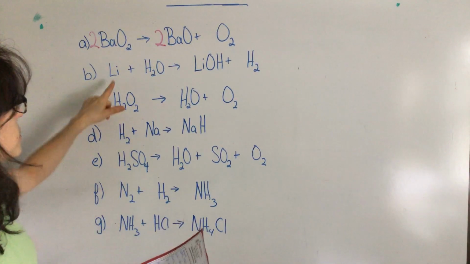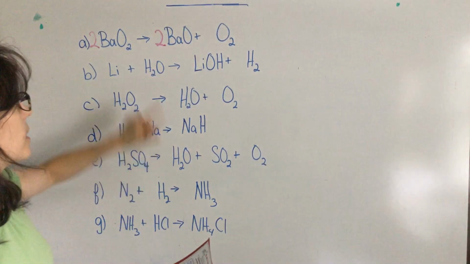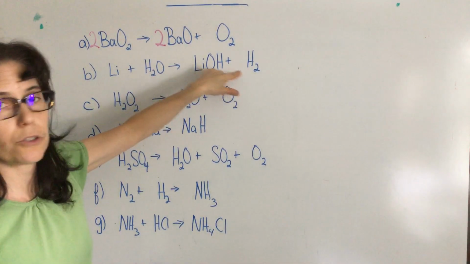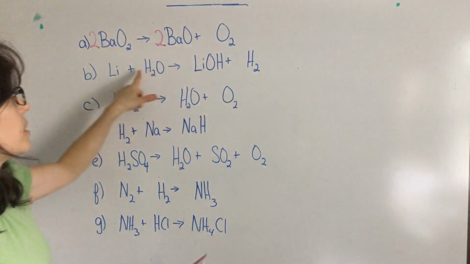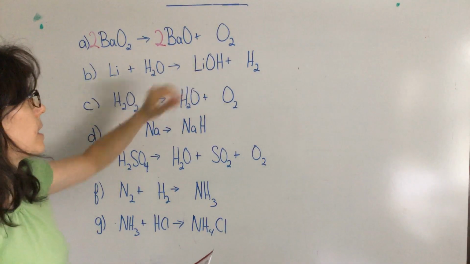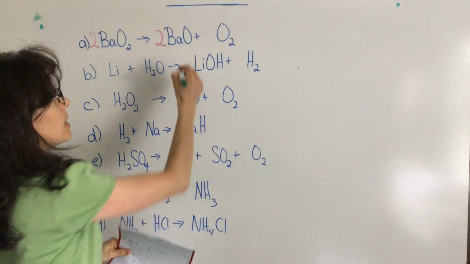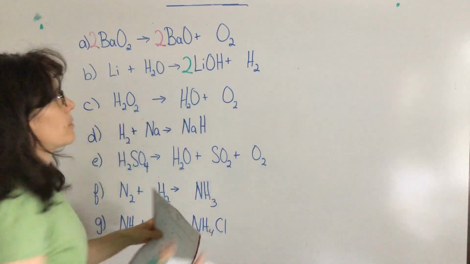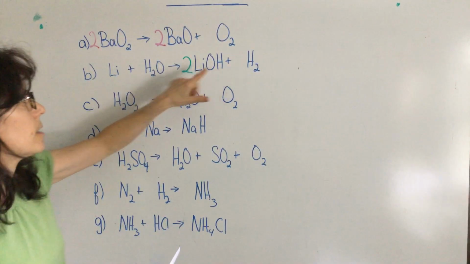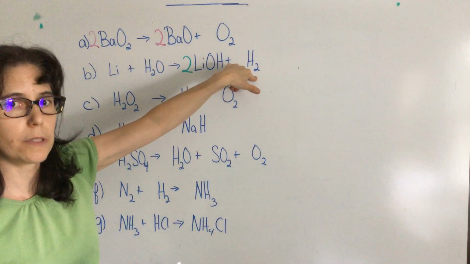The next equation, we have 1 lithium on each side, 3 hydrogens. So we have an odd number here and 2 hydrogens here. So we definitely need to take care of that. The oxygen's the same, but let's take care of the hydrogen. Let's put a 2 on the side where there's an odd number of hydrogens. So we have 2 plus 2, that gives us 4.